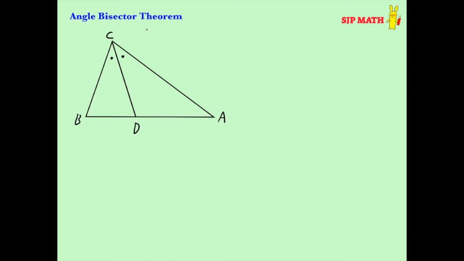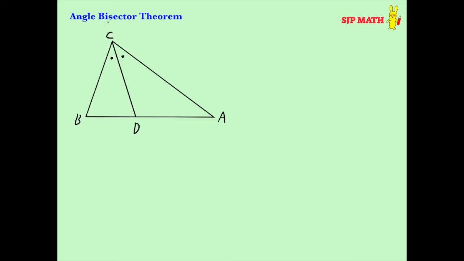And so let's start. So we have this triangle ABC, where D is a point on AB, such that line CD is an angle bisector of angle ACB.